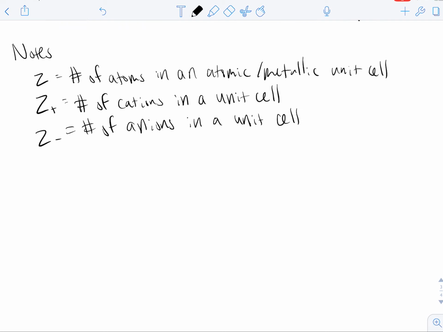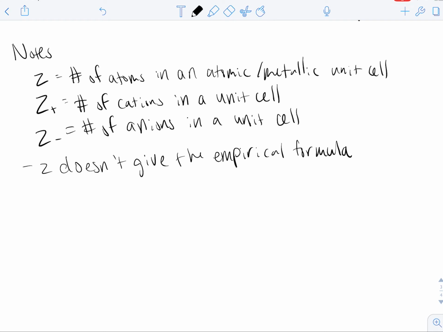Z does not tell us our empirical formula. Our empirical formula will be taken by dividing by the largest common number that you can come up with, so you can get the smallest whole number ratio. So we'll take our Z plus and our Z minus and get our smallest whole number ratio, and that will give us our empirical formula.